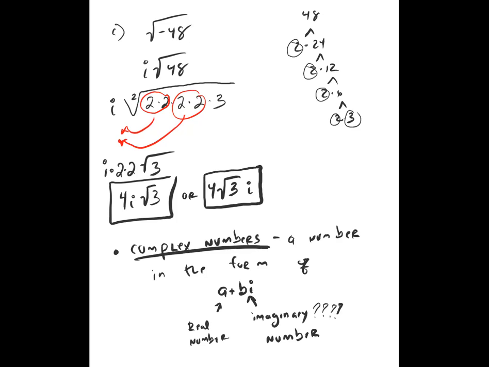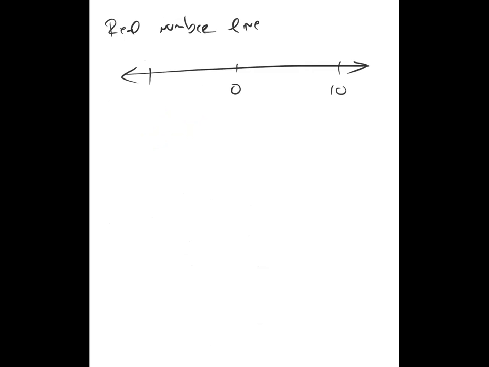Real numbers are things that we can relate to. You look at your real number line, and 0 over here, maybe 10 over here, negative 10. Anything in the middle is a real number. The numbers 1, 2, 3, 4, 5, 6, 7, 8, 9, 10 are real numbers.